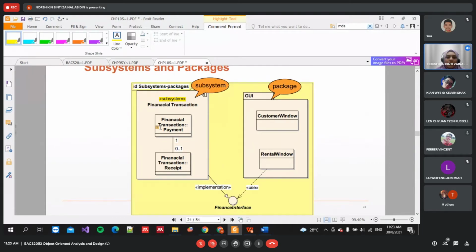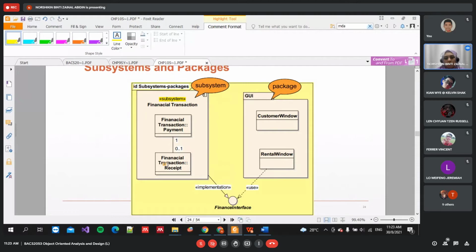As you can see, we have financial transaction payment and financial transaction receipt. Each of these objects has its own specific function to perform. Maybe just a guess, financial transaction payment will do the transaction of payment. This one maybe will return a transaction receipt.